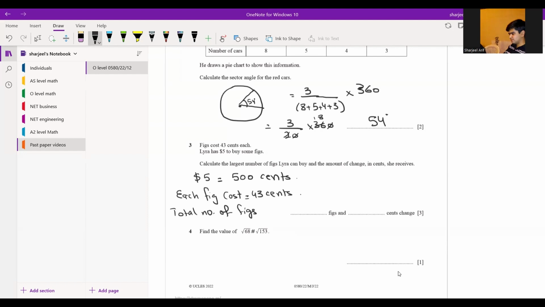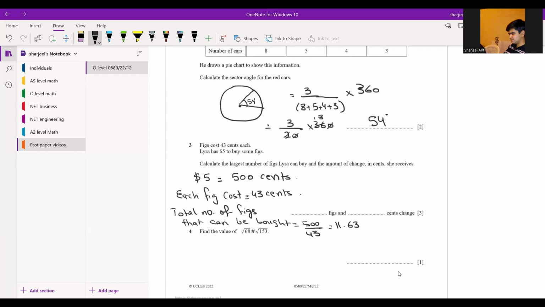So the number of figs that can be bought would be 500 divided by 43. So this will be around 11.63. The figs are items, so the number cannot be in a fractional form.